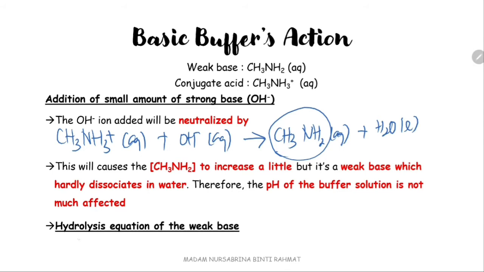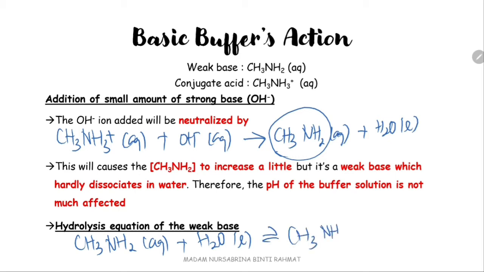So let's write down the hydrolysis equation for your weak base as a reference. It does not push this chemical equilibrium towards the right. Therefore, we don't have more OH minus in the system. As a result, no change in the pH very much.